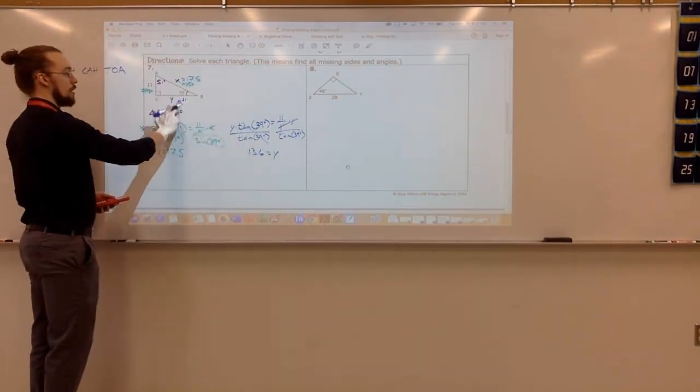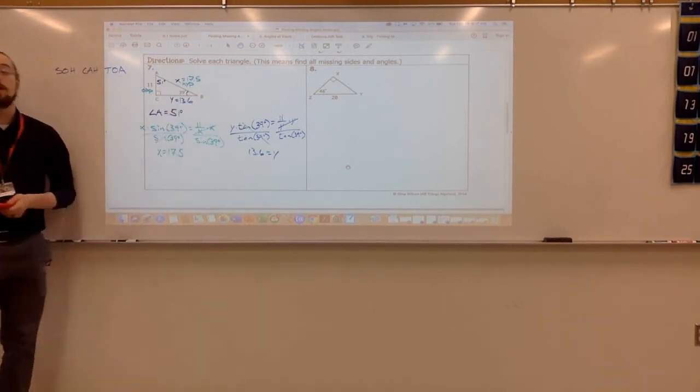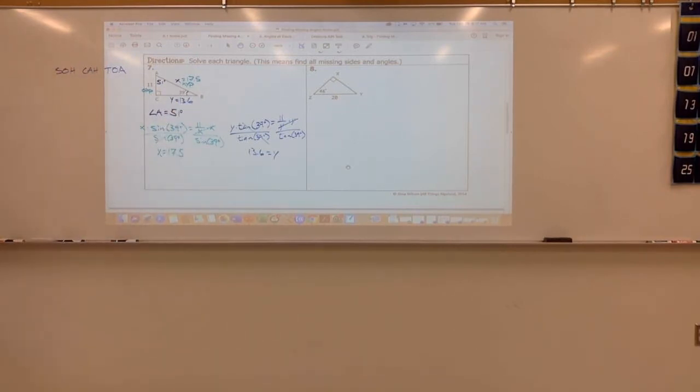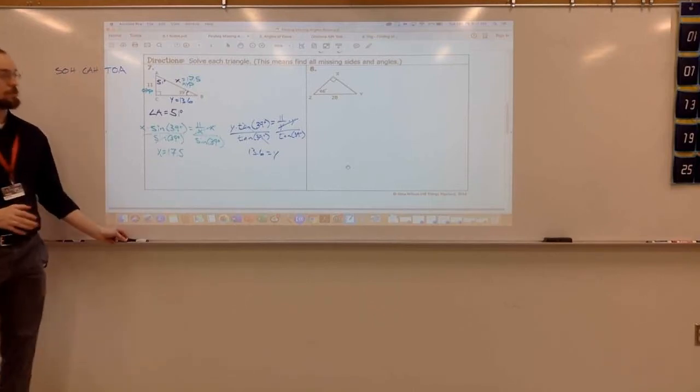So this side is 13.6, and we have solved the right triangle. Okay, we found all missing sides and all missing angles. Questions?